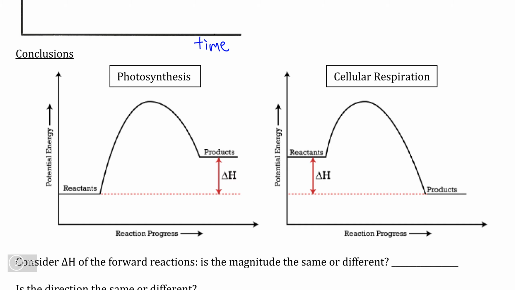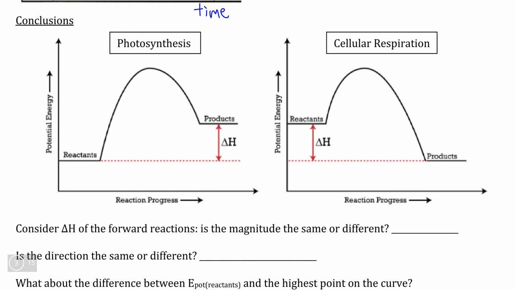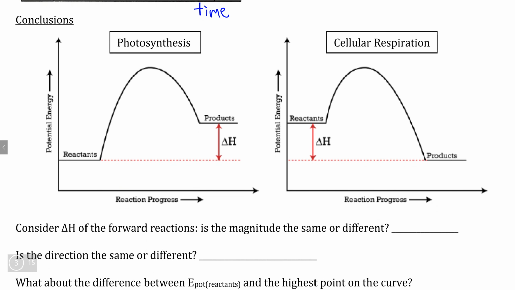each other. And if we remember the delta H value in both equations, the delta H value of cellular respiration was negative 2,880 kilojoules per mole, which mirrors the delta H of photosynthesis exactly, which is positive 2,880 kilojoules per mole.